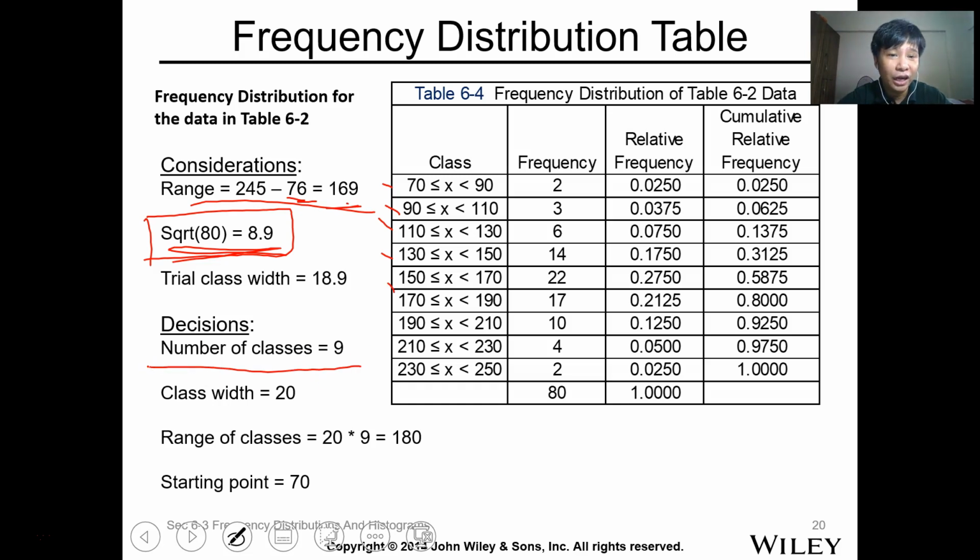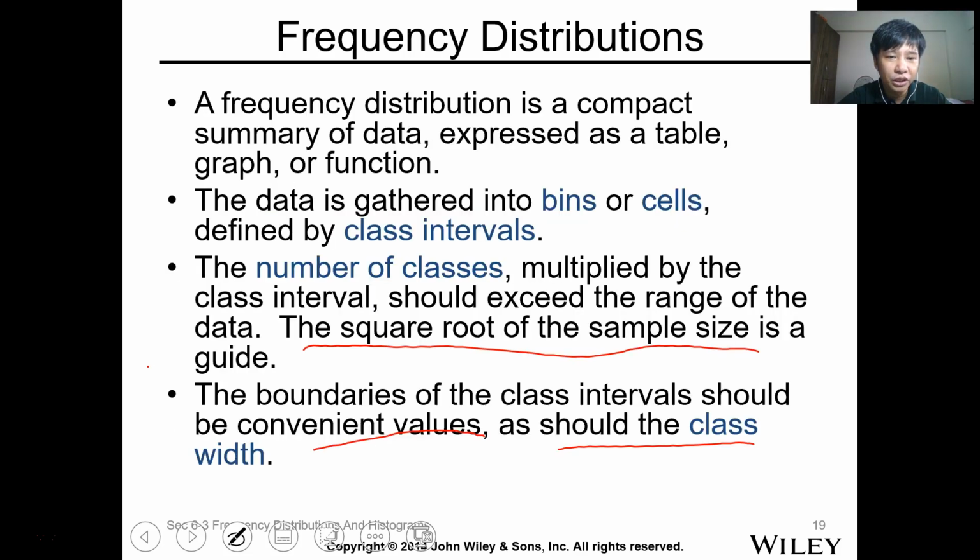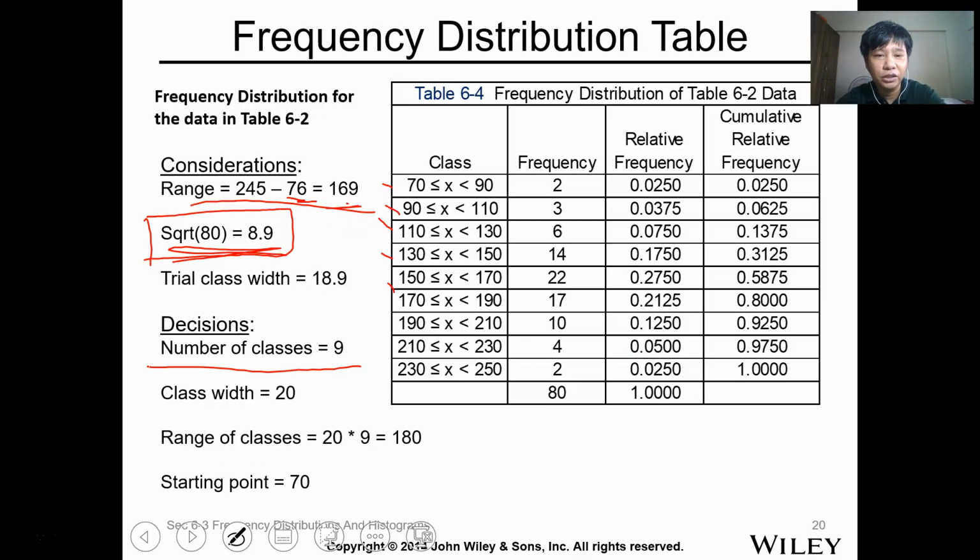For the class width, trial class width could be 18.9 na value, or i-divide mo to ng 9. 169 divided by 9. Okay, or that's 18.7. 169 divided by 8.9. So, 18.9.